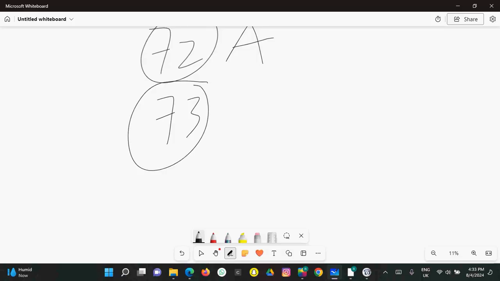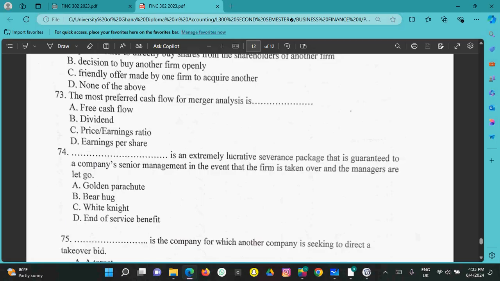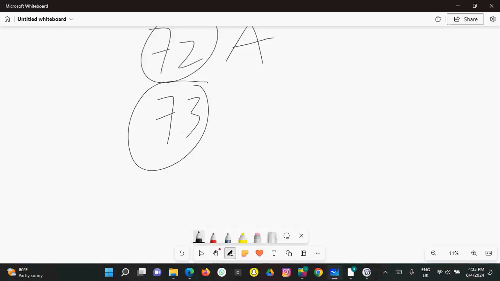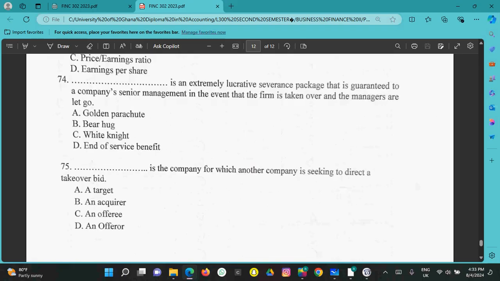73. The most preferred cash flow for merger analysis is the free cash flow. Free cash flow was A. 74.